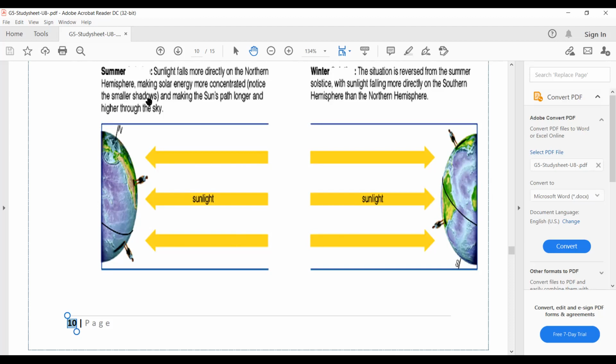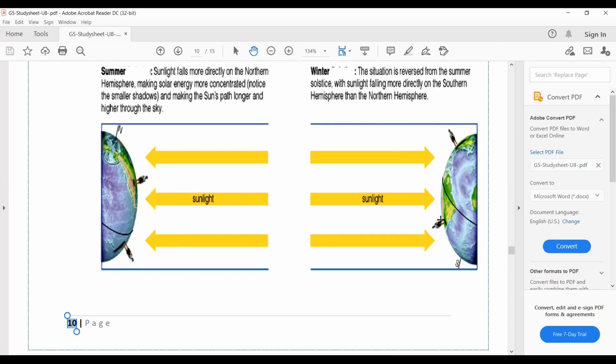Notice the smaller shadow. The shadow becomes smaller in the summer, making the sun's path longer and higher through the sky. And the duration of the day is longer than the duration of the night. While on the other side, the southern hemisphere, the sun rays do not fall perpendicular or directly.